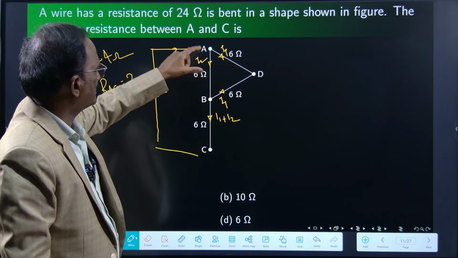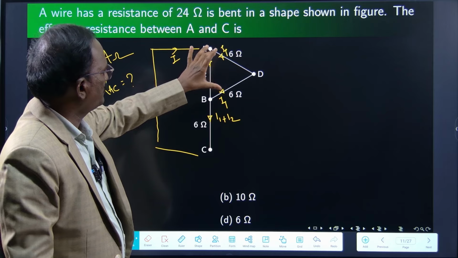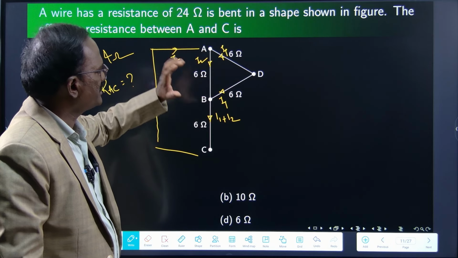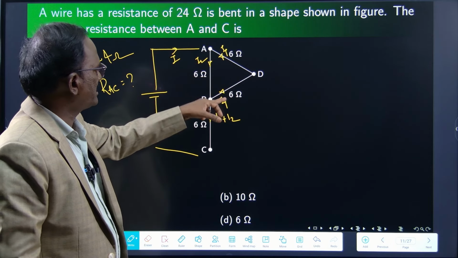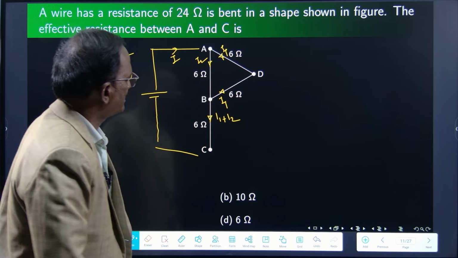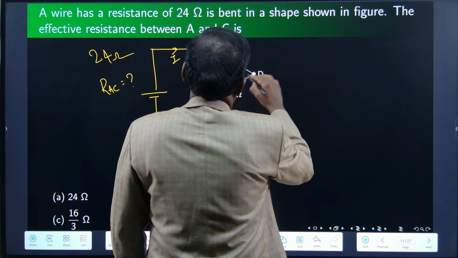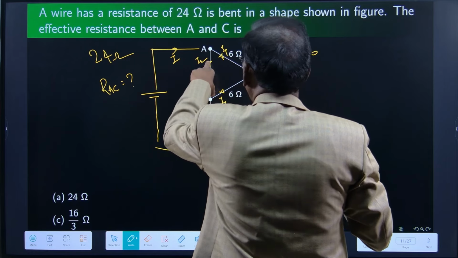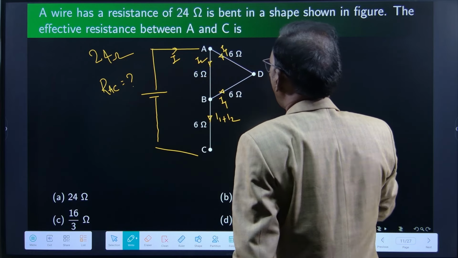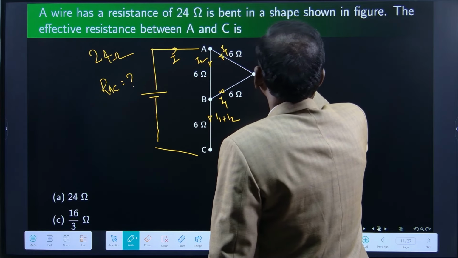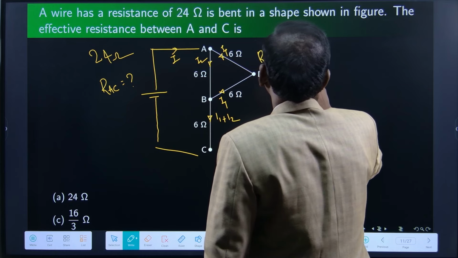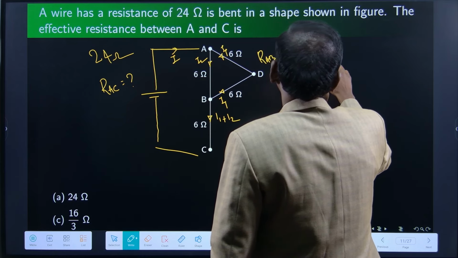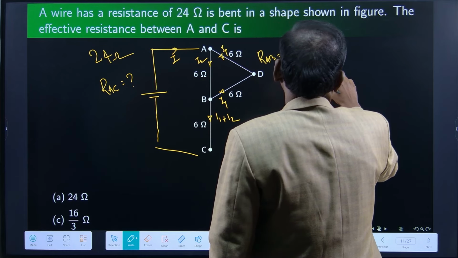This is different current. So for this part, the 6 ohm is coming in parallel. So 6 plus 6 is 12. This 12 is parallel with this 6 ohms. So this is R AB. 12 into 6 divided by 12 plus 6.